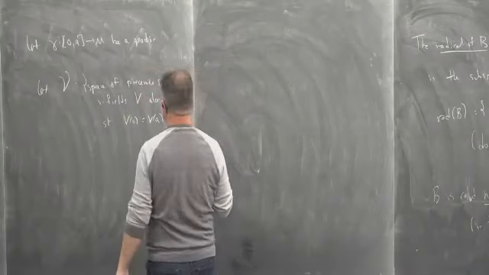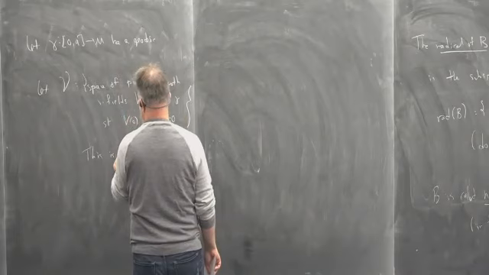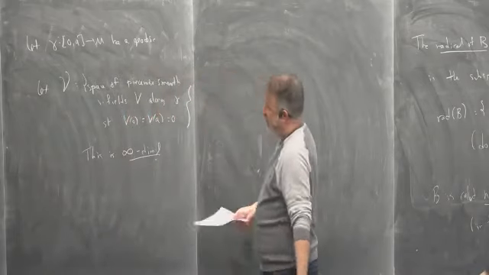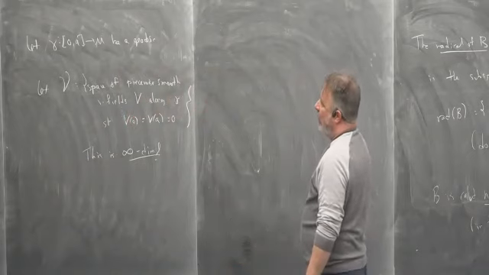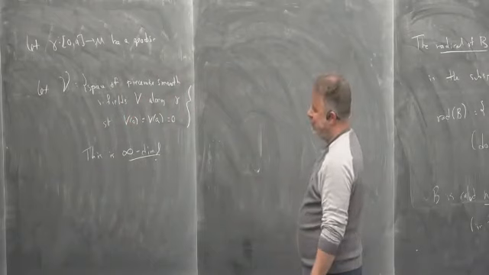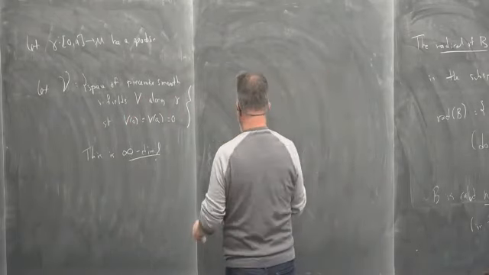So they vanish at the endpoints. Okay, this is infinite dimensional. You can see that very easily. Just take one non-zero element in here, and then multiply it by some smooth function, and there's an infinite dimensional space of smooth functions.